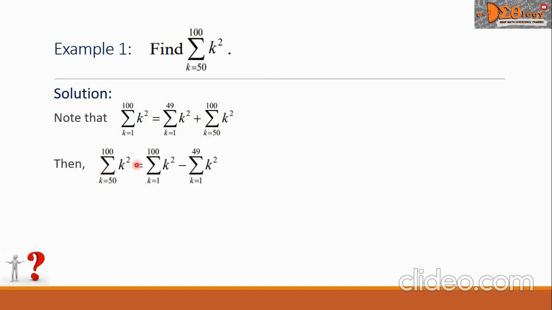Summation of k squared, where k equals 50 up to 100, and that is our problem, is equal now to summation of k squared, where k equals 1 up to 100, minus summation of k squared, where k equals 1 up to 49.